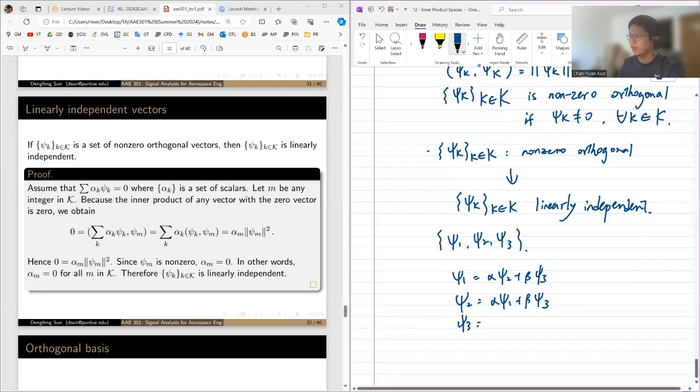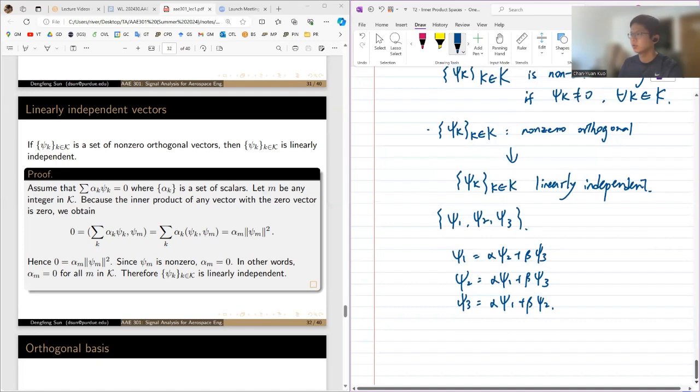And psi 3 cannot be formed as a linear combination of psi 1 and psi 2. This implies this set is linearly independent.